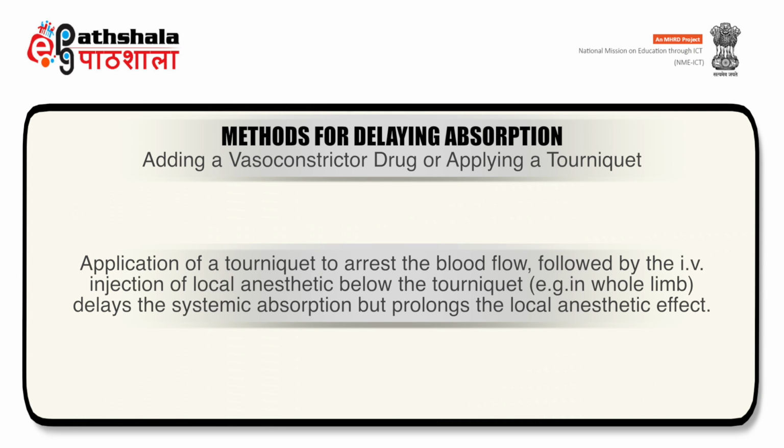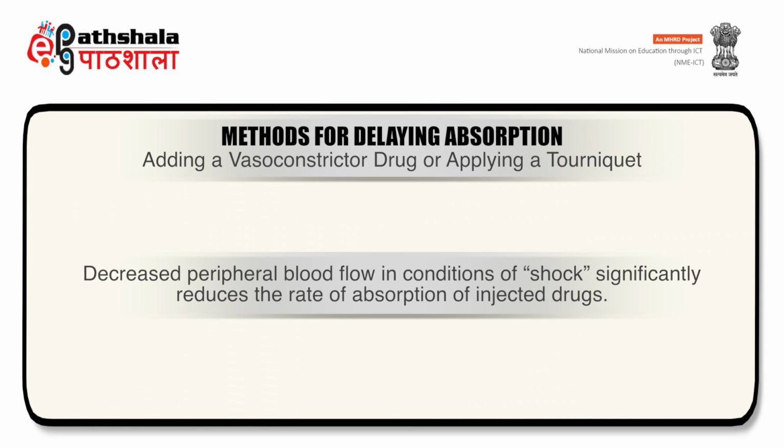Application of a tourniquet to arrest the blood flow, followed by an intravenous injection of a local anesthetic below the tourniquet, delays the systemic absorption but prolongs the local anesthetic effect. Decreased peripheral blood flow in the condition of shock significantly reduces the rate of absorption of injected drugs.